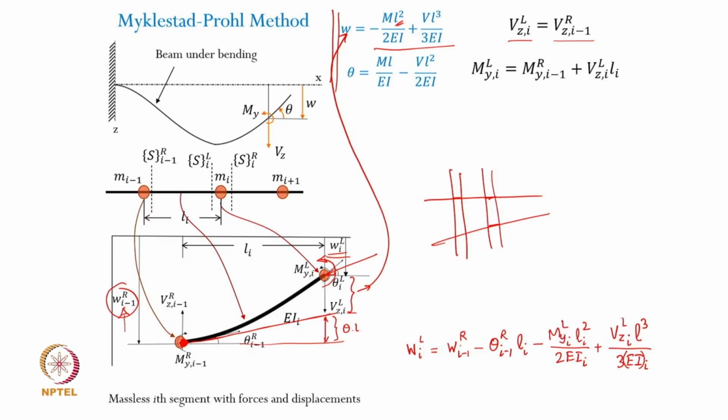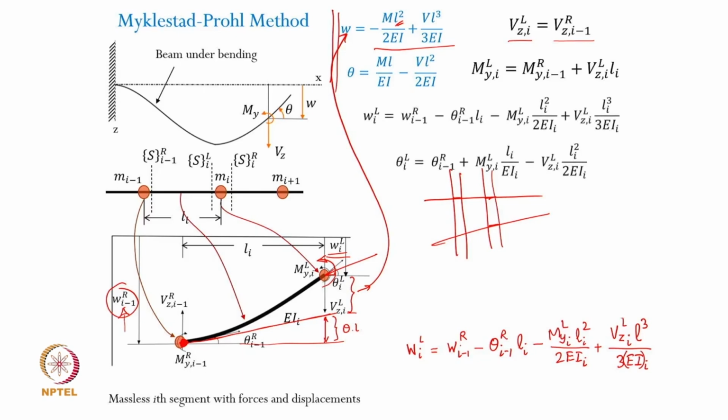Now what we are doing is this deflection will be reduced by the deflection due to moment, and then you will add to that the deflection because of the shear force. So this is how the value of the deflection is going to be written in this way, and you can figure out that the same way it can be written for the slope as well, okay.